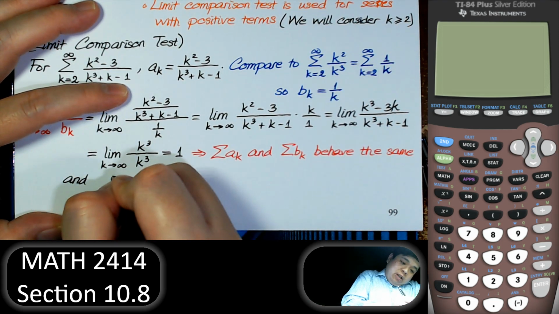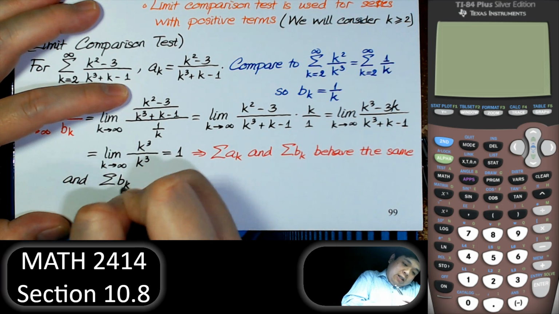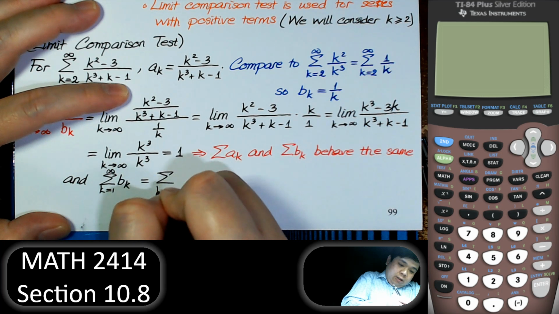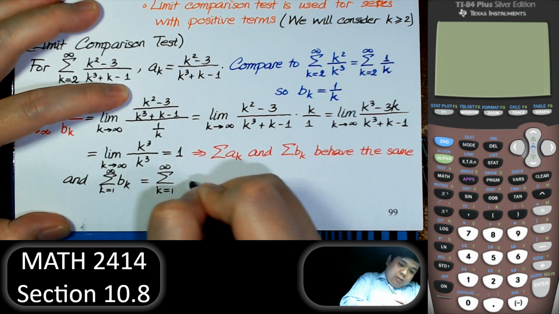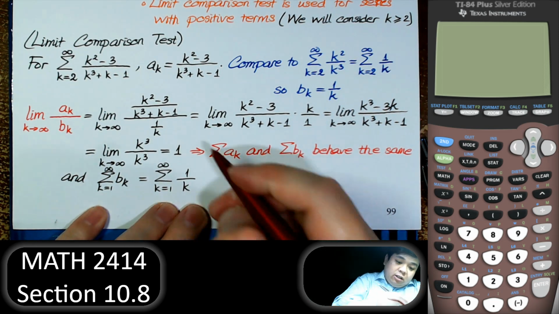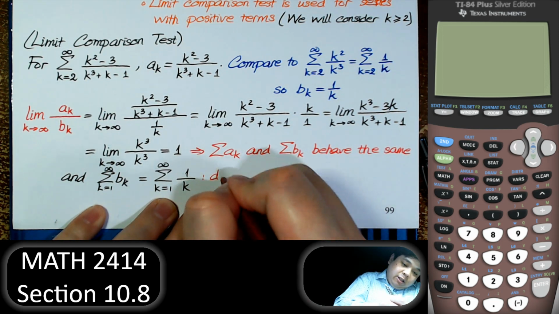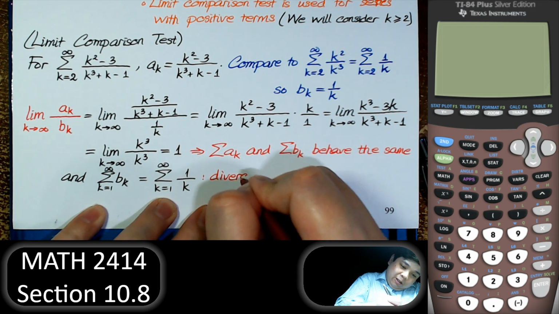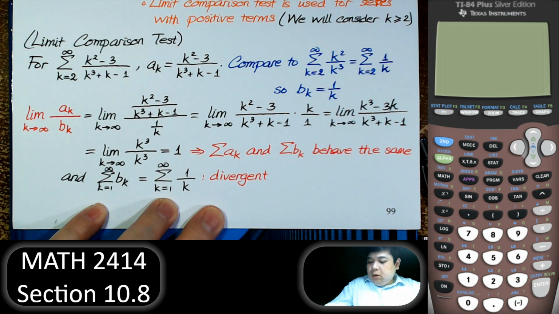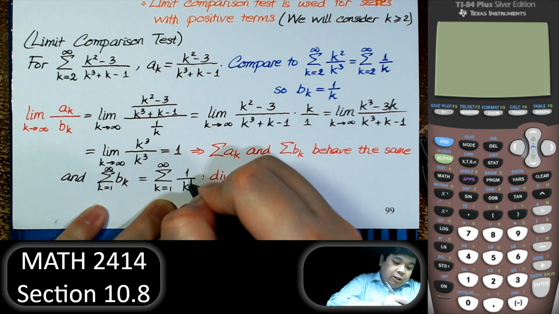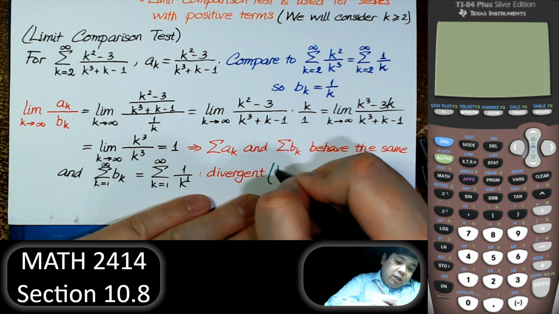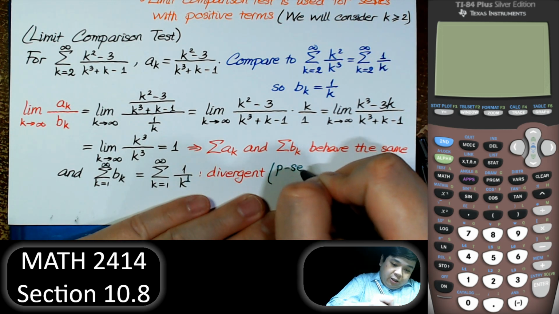And we have the series b of k. This one is divergent, because this is a p series with p equal to 1, or it is a harmonic series. Harmonic series is divergent.